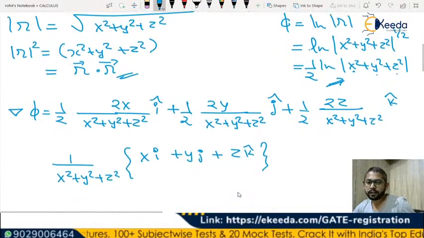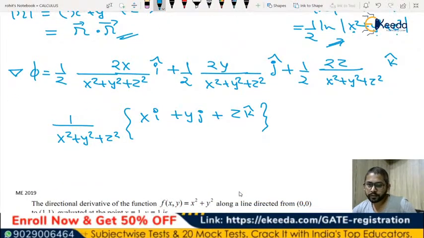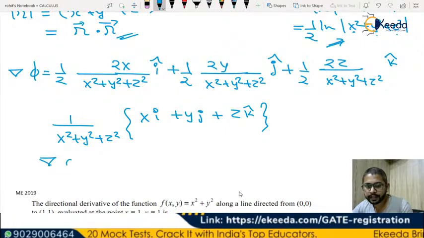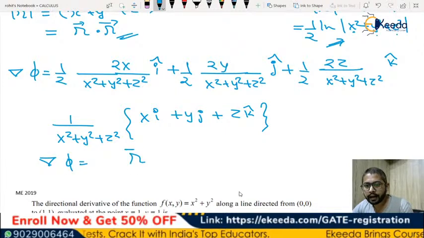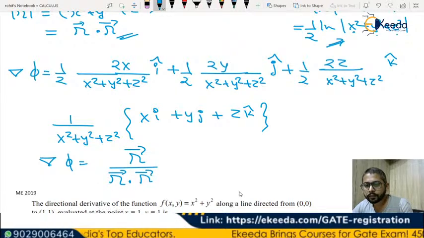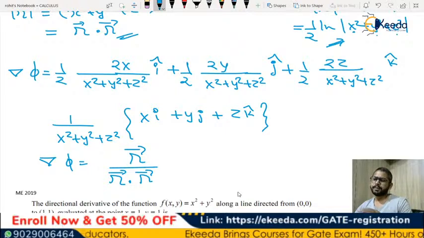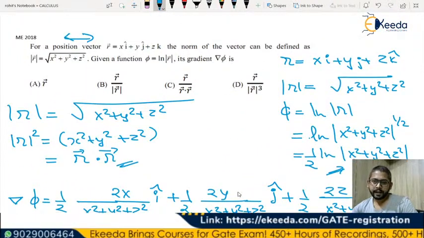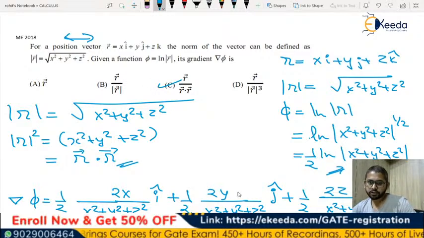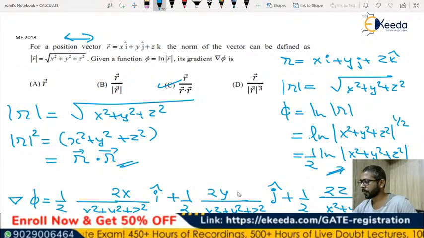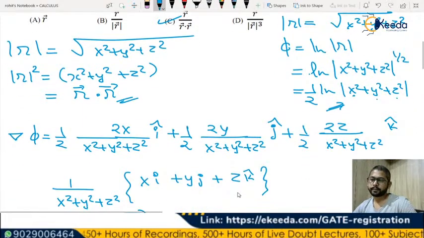So instead of that, what we can do is, and this numerator is nothing but the r vector. So the final result of this gradient will be r by r dot r, right? I'm just putting the values correctly in the format so that the final result which comes out is option C. Correct. Option C.